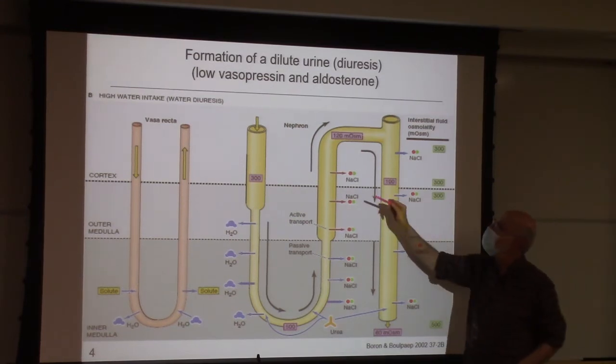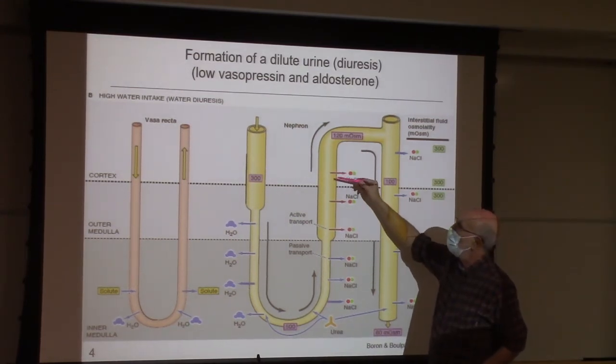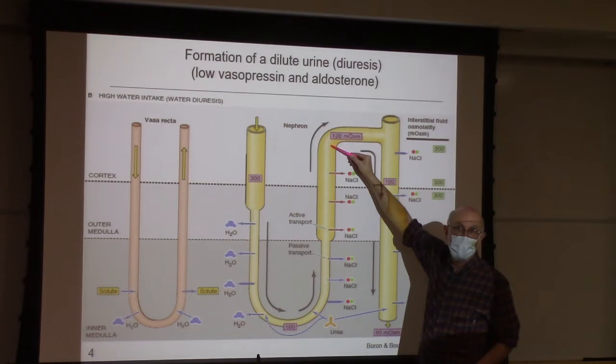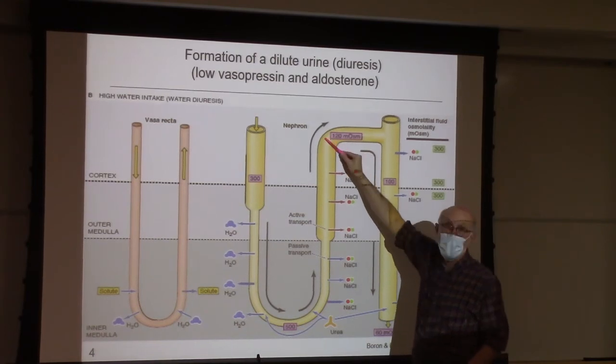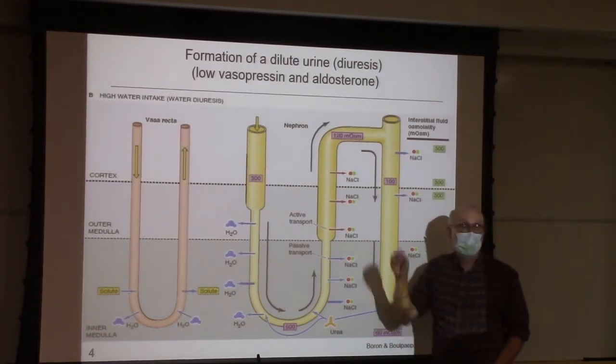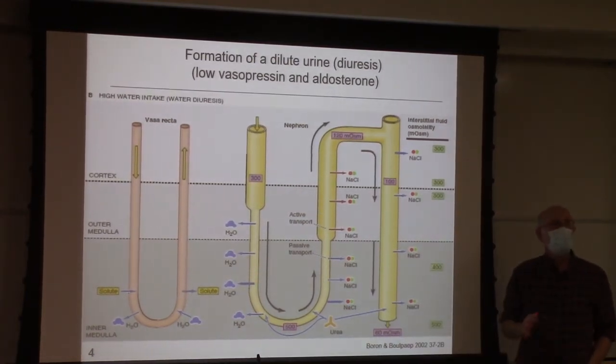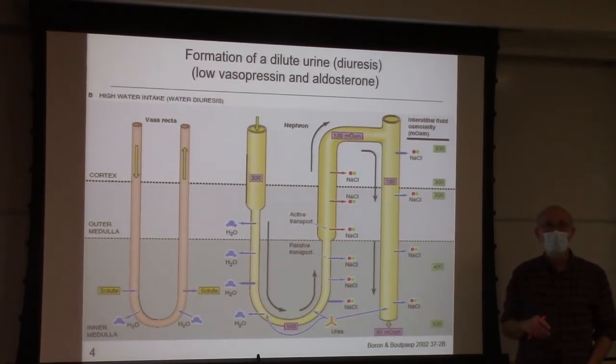Remember, the macula densa is at the beginning of the distal tubule, or the end of the ascending limb. So in a cartoon like this, you'd say, well, that's where the macula densa has to be. Other questions? That was a good one. That was helpful.